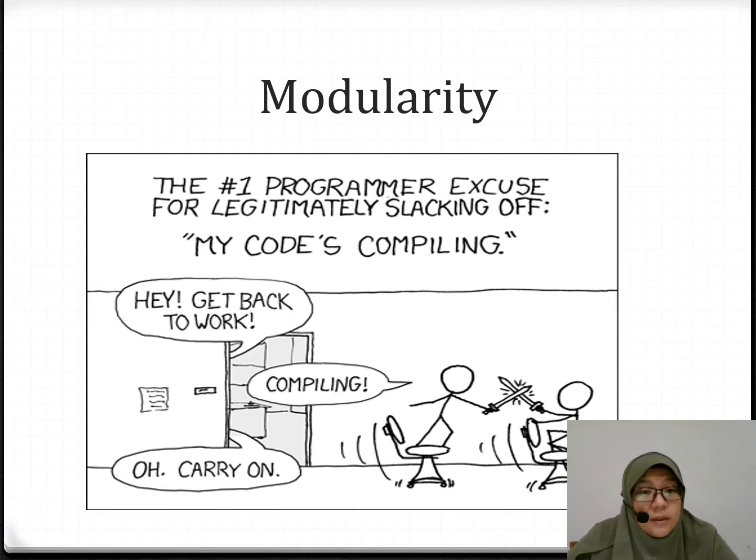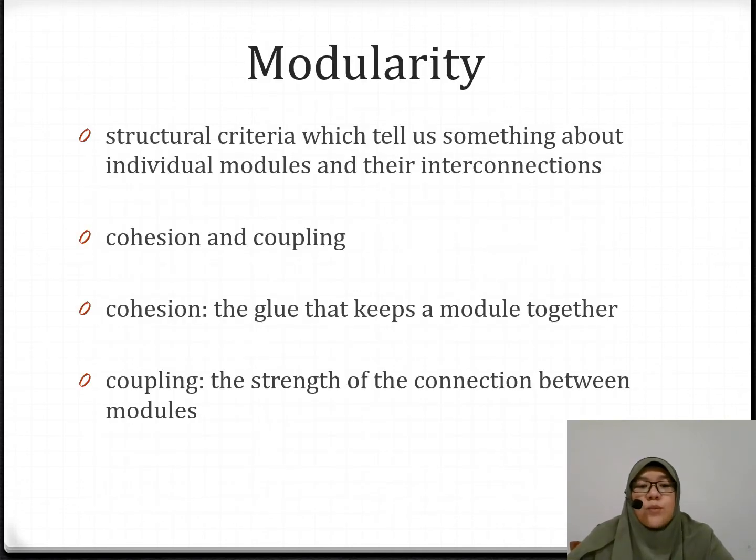Compiling is one thing, but is it a good design? Is your code a good design? It may work, right? But you can write it in 50 lines, and you're writing it in 100 lines. So basically modularity talks about cohesion and coupling.